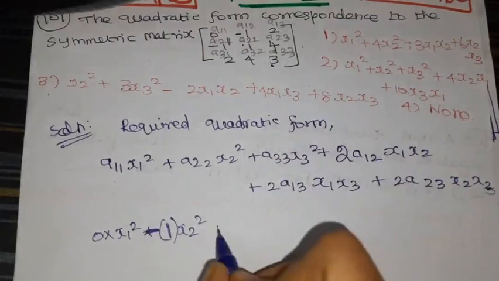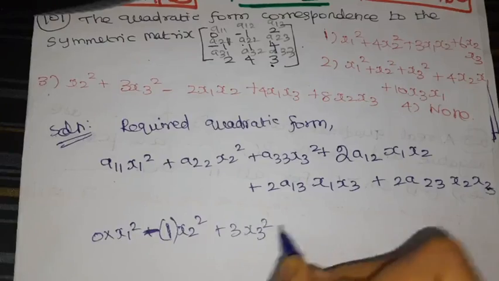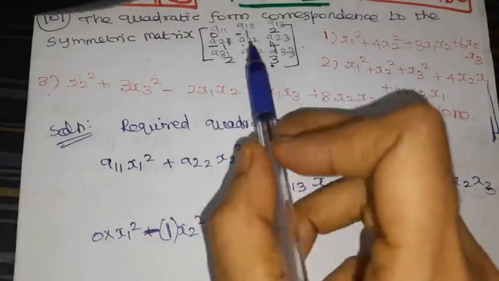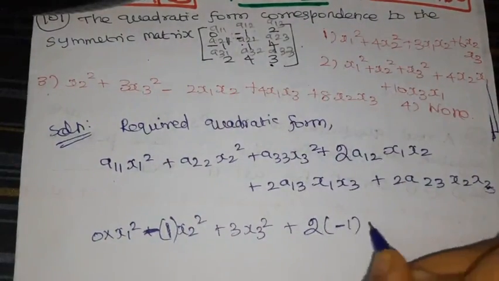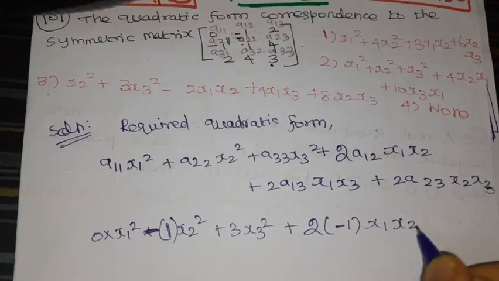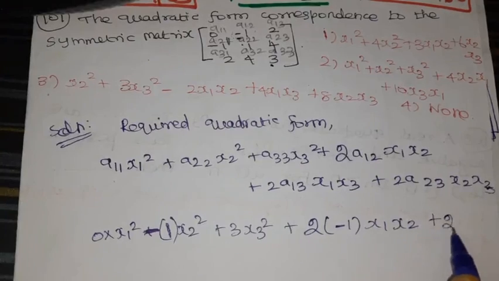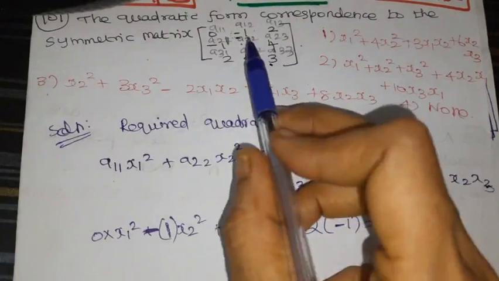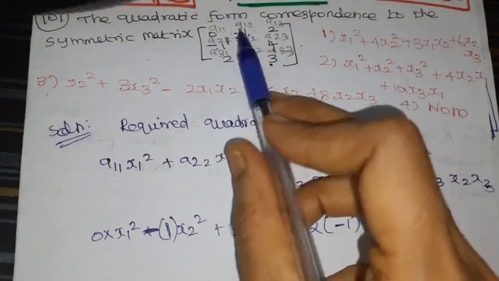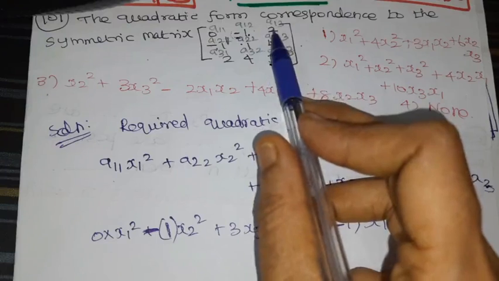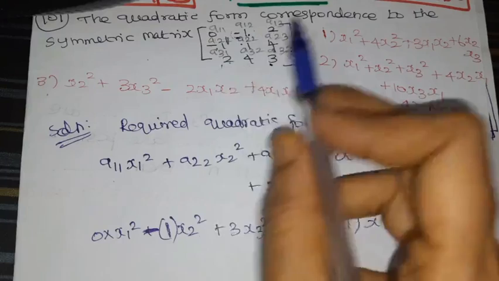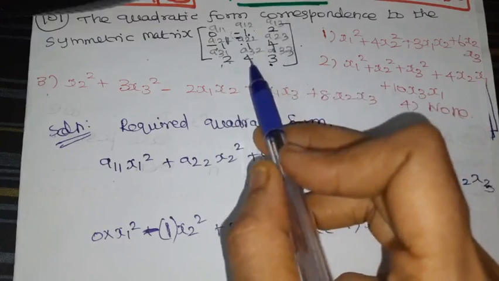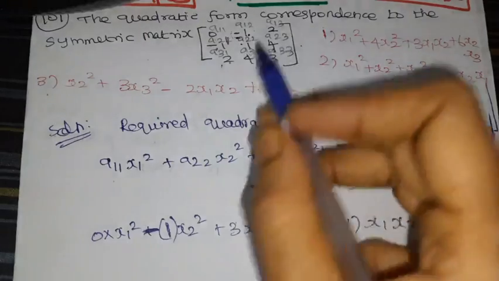Here a33 is 3, so 3 x3 squared, plus 2 into a12, where a12 is minus 1, x1 x2, plus 2 into a13. A12 and a21 are always the same, a13 and a31 are also equal, and a23 and a32 are also equal.